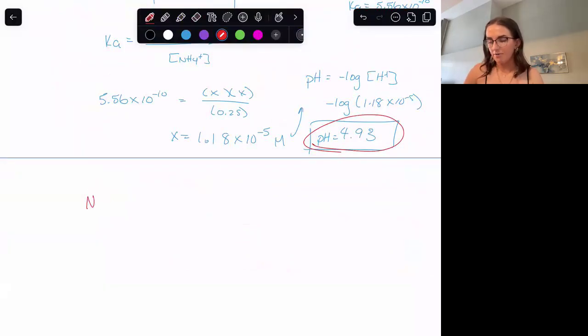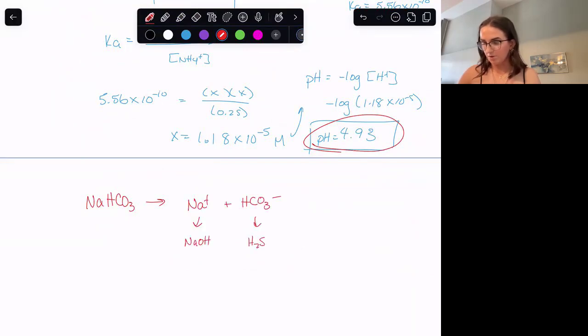I now have this salt. It breaks apart into Na plus and HCO3 minus. This comes from NaOH, a strong base. This comes from H2CO3, a weak acid.